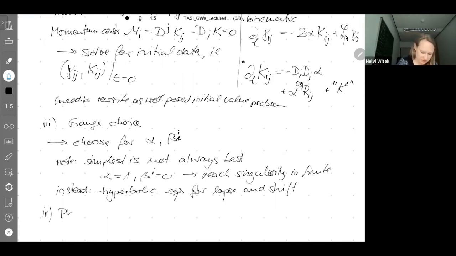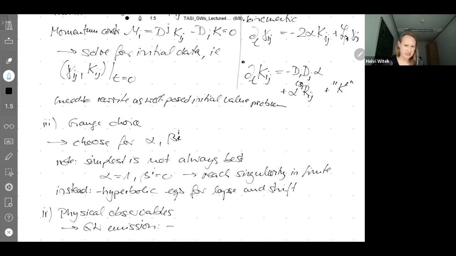So the physical observables would be, for example, gravitational wave emission, and we usually use the Newman-Penrose or Weyl scalars. I know that these are in principle introduced when you look at perturbations around Kerr. We use these quantities that are well defined far away from the source, and we compute them in the far field region to get information about the gravitational radiation.